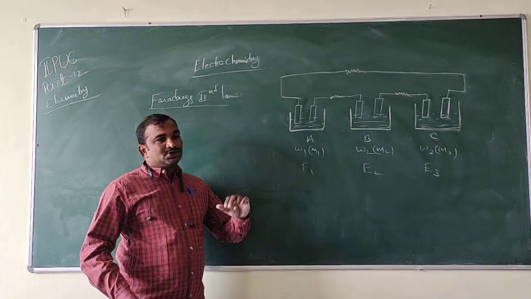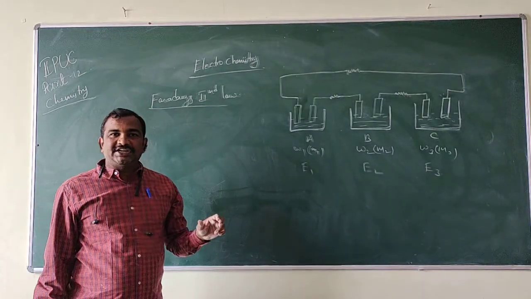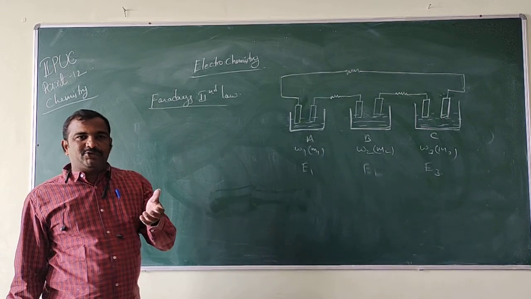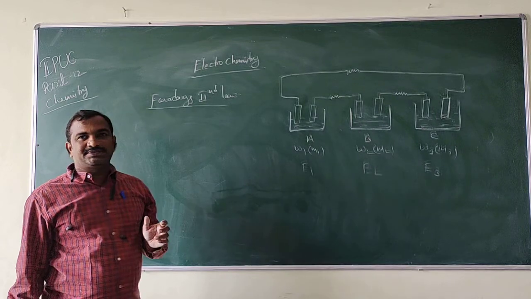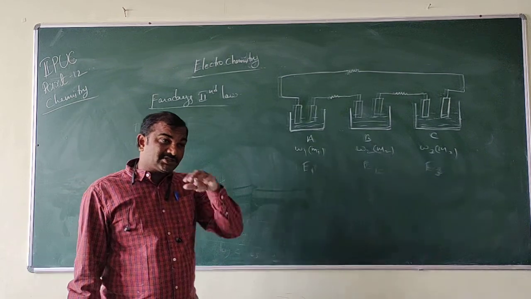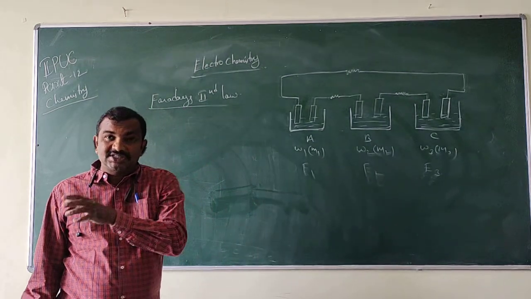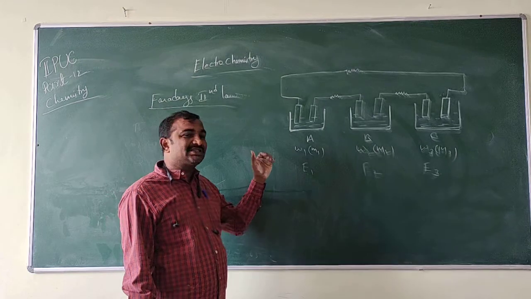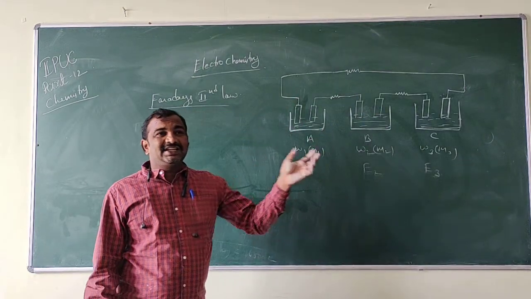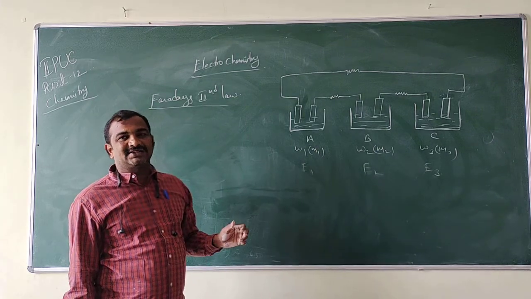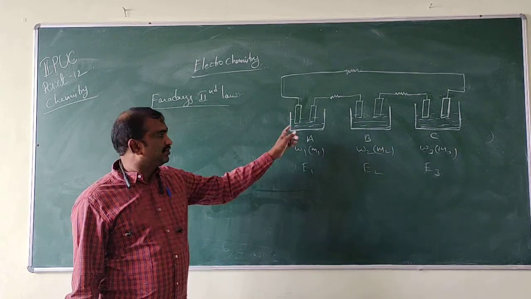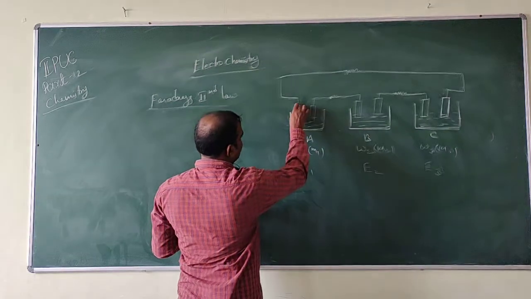Listen here. In the first law we studied that the amount of substance liberated is directly proportional to the quantity of electricity passed through it. That means if more electricity is passed, more substance is liberated. But here we are discussing what happens if the same quantity of current is passed through the three electrodes, the three beakers, the three electrolyte solutions. These are the electrodes.